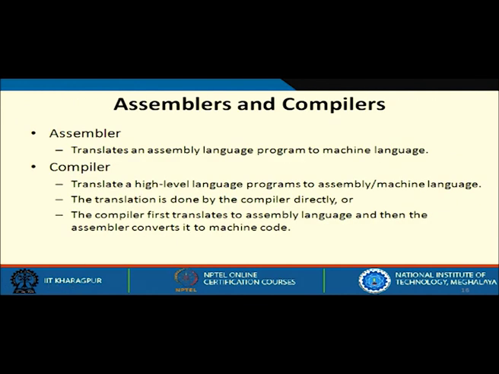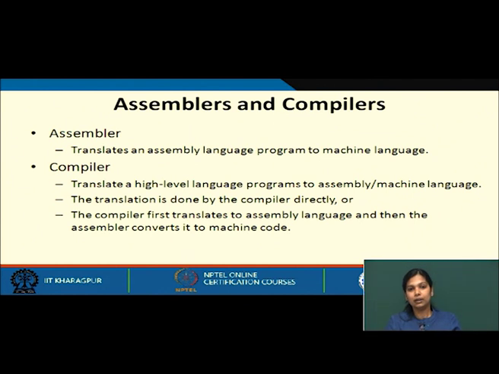Now, if you have to execute a high level language, then you need some kind of translator that should translate your high level language to assembly language or machine level language. So, these are the two things which are required. One is an assembler that translates an assembly language program to machine language, and a compiler translates a high level language program to assembly or machine language.